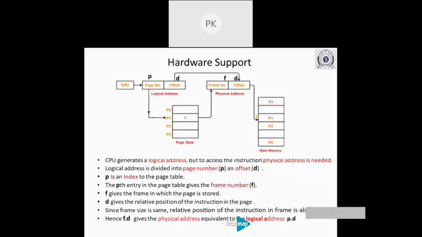The size of the page, the number of bits in the page number, the number of bits in the address, and the number of bits in the offset, everything is calculated. As we know, using k bits, we can address 2 raised to k locations uniquely. Hence, in order to address n locations, we need log n to the base 2 bits.